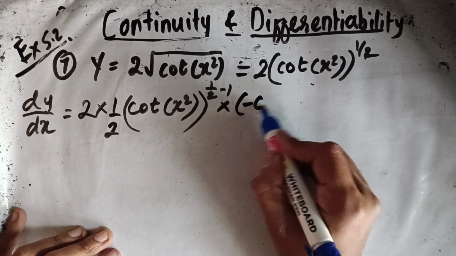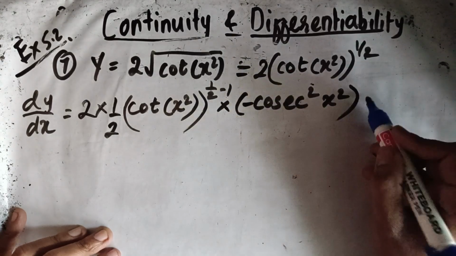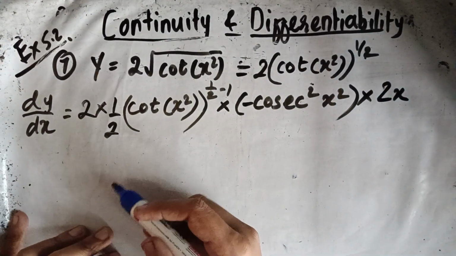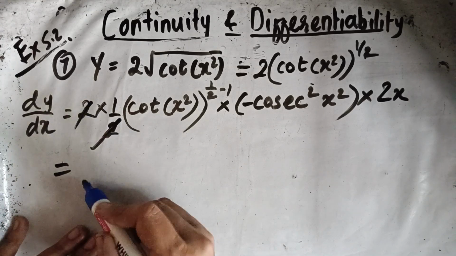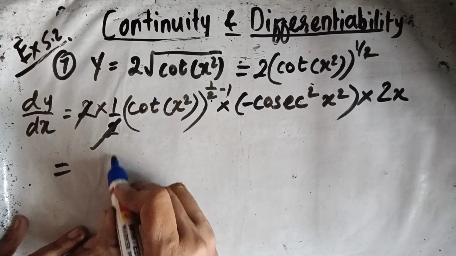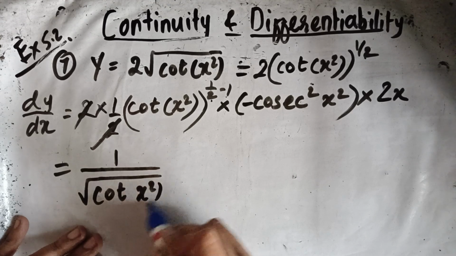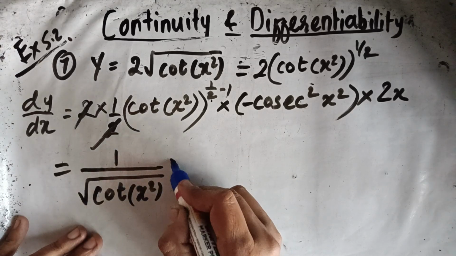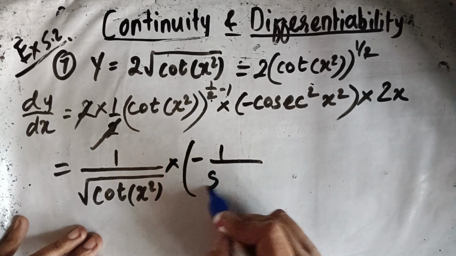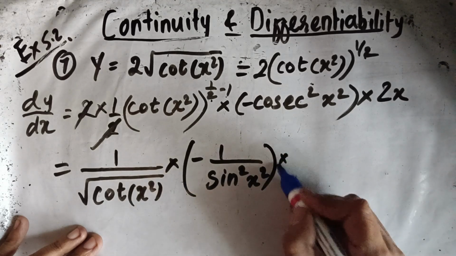The derivative of cot is minus cosec square of x square, into the derivative of x square, which is 2x. So 2 gets cancelled. Half minus 1 means minus half, so it comes in the denominator, root of cot of x square, into minus 1 upon sine square of x square into 2x.